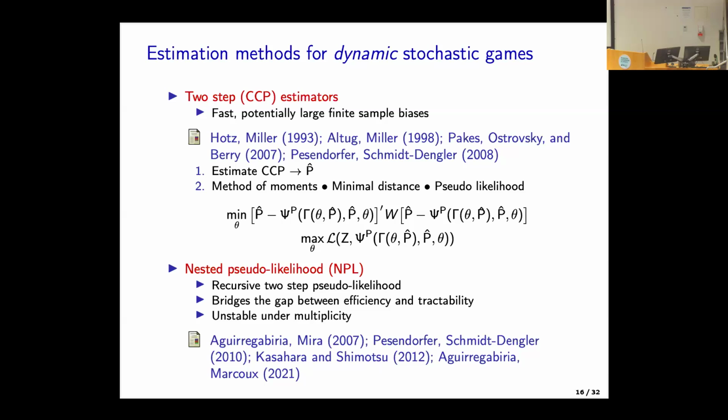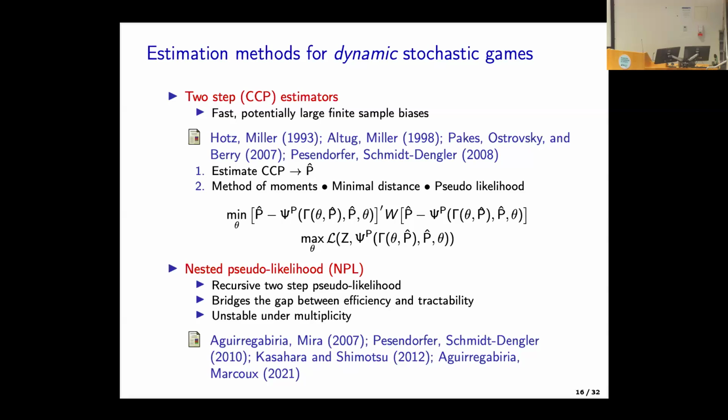Okay, so we already talked this morning about different ways to do structural estimation of games in a static setting. Very much the same here. So there are these two-step estimators. They're fast. There are potentially some problems with estimating very high-dimensional conditional choice probabilities if you have many states and many players.